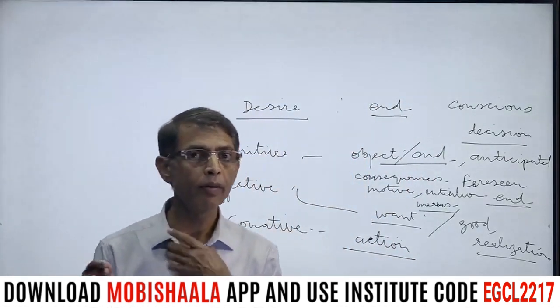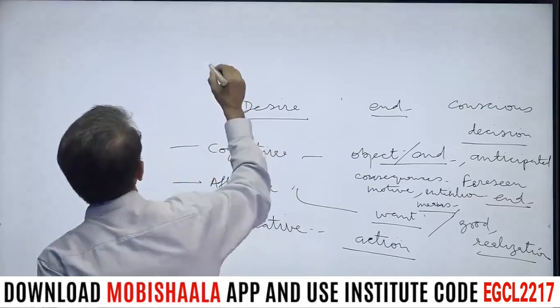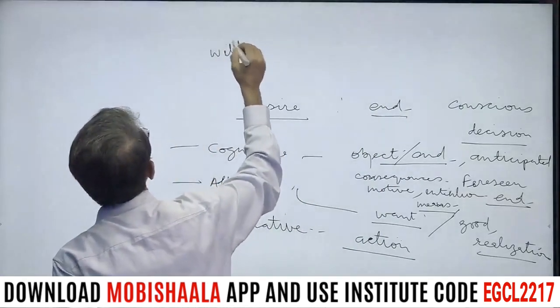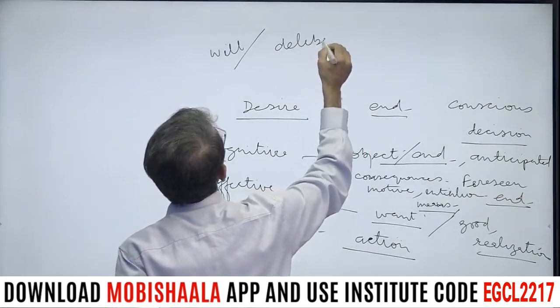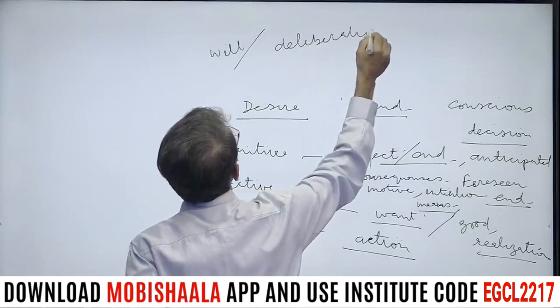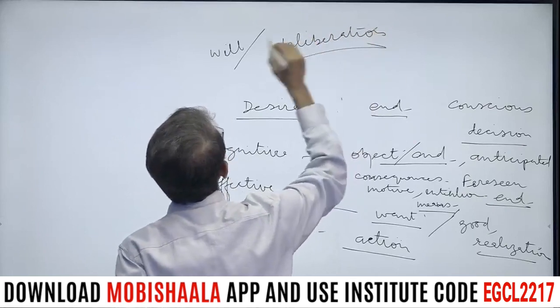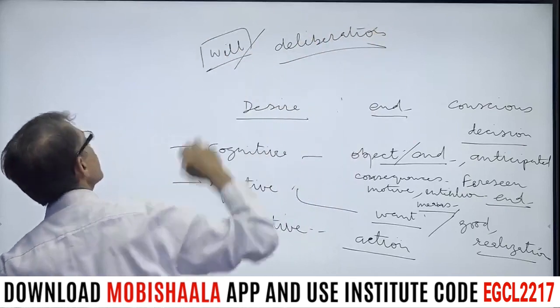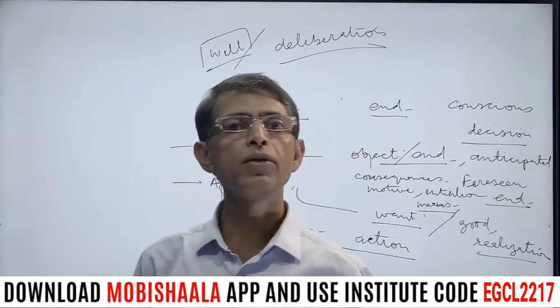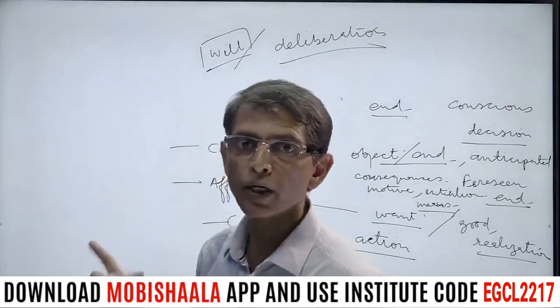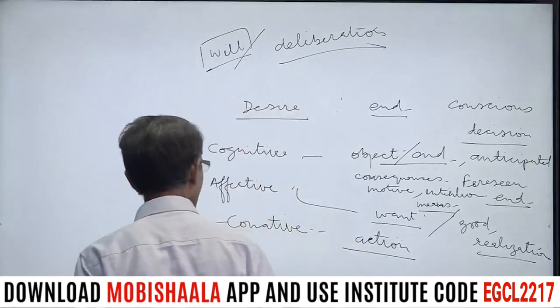Difference between deliberation and will. Very few of you know the difference between will and deliberation. The will is defined as self in action. In the very first lecture, if you can recall, the will is defined as the self in action.